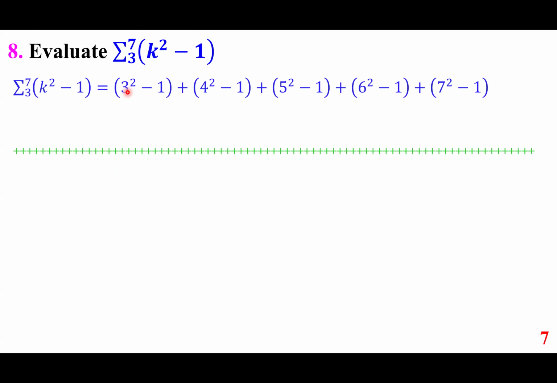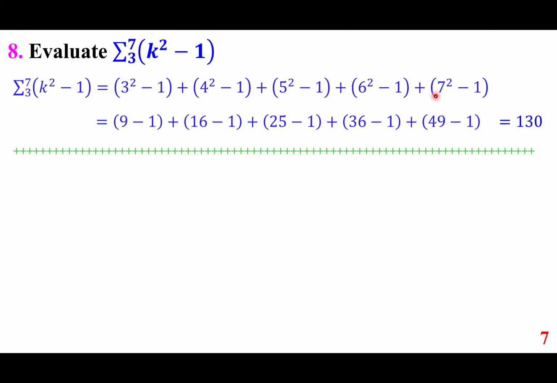So start from 3, 3 squared minus 1 plus 4 squared minus 1 all the way to 7 squared minus 1. 9, 16, 25, 36, 49. Do the math, add them up, and it's 130. So it's pretty straightforward.